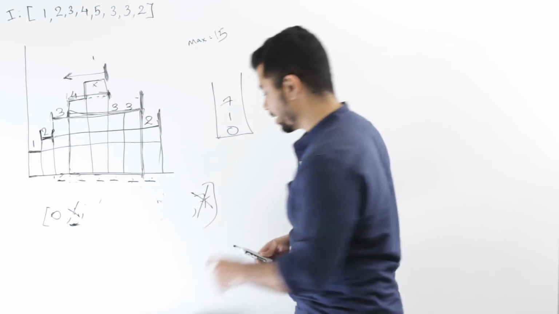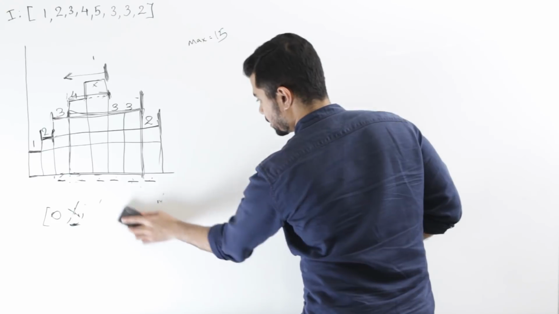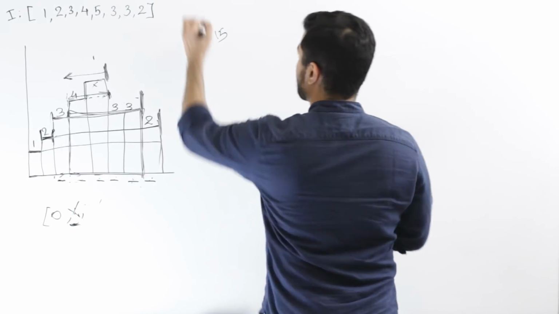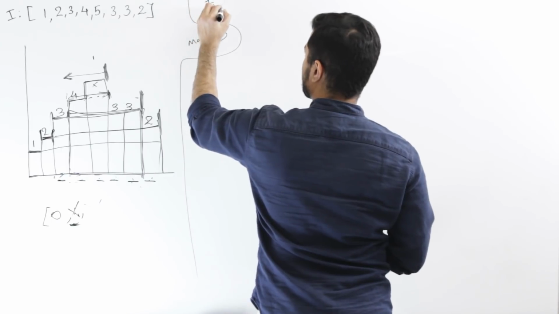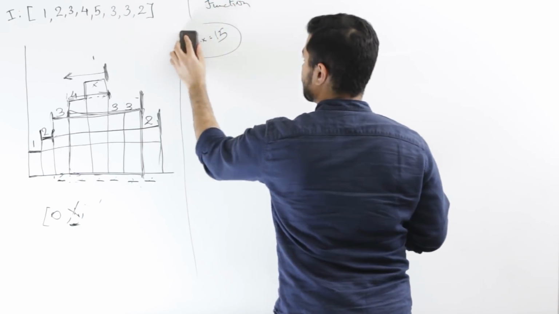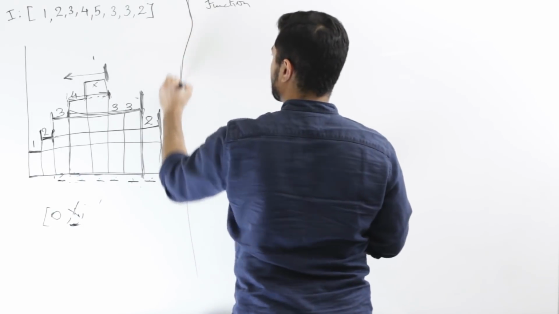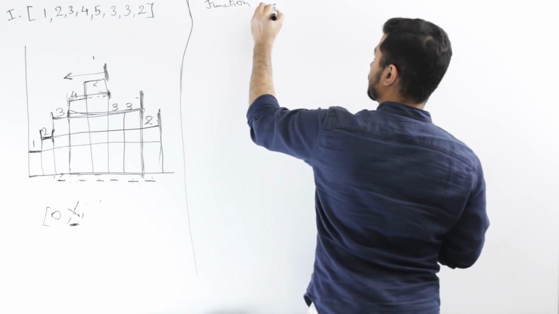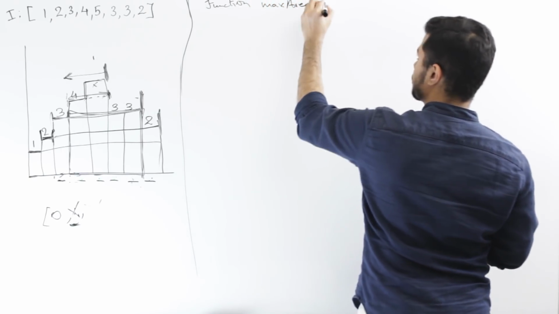Okay, so let me erase this as well. All right, so let's say I have a function, let's call it max area, and let's say it takes in a histogram.